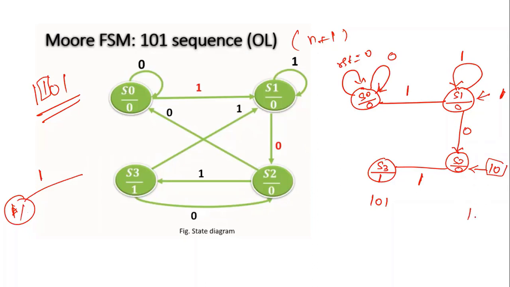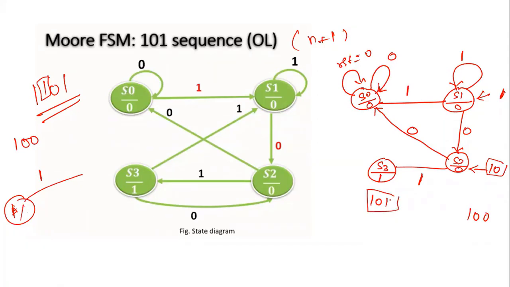Instead of 1, you are getting 1 0 0. Then it needs to go and start from the very beginning. Right? 1 0 0 means you have lost it. It is again starting from the beginning. So if you are getting 0, it will go here.